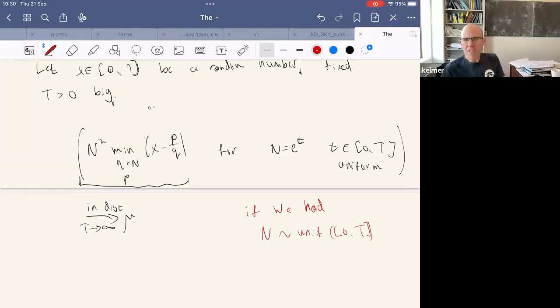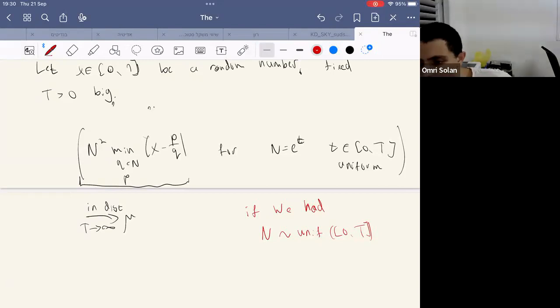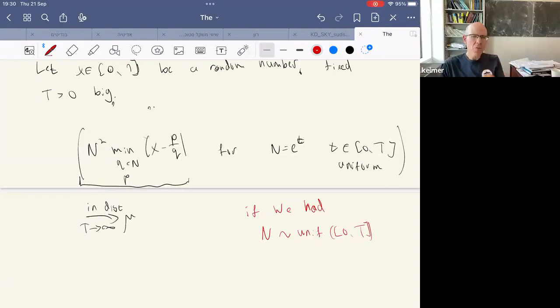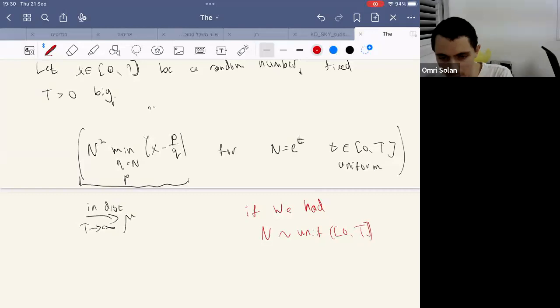Can I ask you a clarifying question? So you said you choose x at random. Can I take any x, or it only works for some x? It works for most of the numbers x, but I will talk about it. In fact, I don't know any natural x for which we can prove that this theorem works.